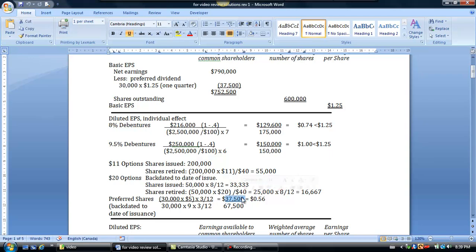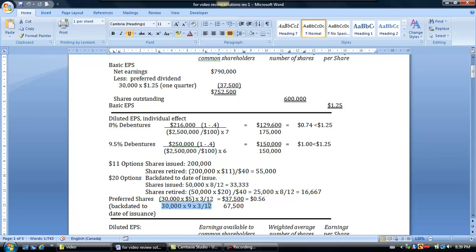And that's going to give us $37,500. The other way we did this when we were doing our basic EPS, you could have just done this by saying, well, the dividends avoided would have been $1.25 for the quarter. But $5 times 3 over 12, that is $1.25. So all I did here was look at it annually, for 3 months of the 12 months for the year. But it doesn't matter. You can do it either way.